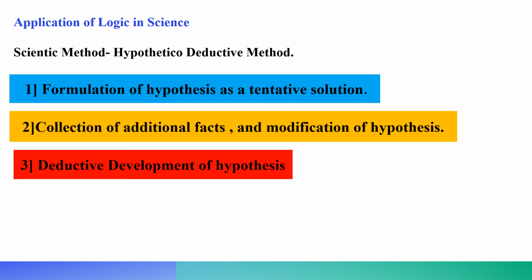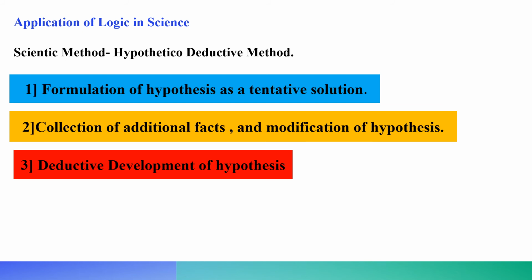That is, after a hypothesis is formulated, the scientist predicts certain observed facts from it. These predictions are the consequences deduced from the hypothesis. All scientific investigations do not involve this stage. Certain kinds of hypotheses can be directly tested. They do not require deductive development.